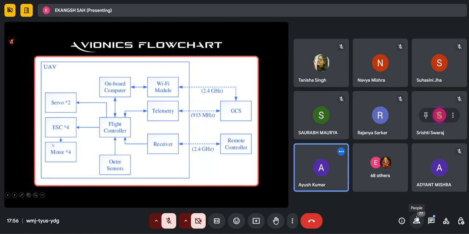the motor. The flight controller is also connected to outer sensors like the accelerometer, which measures the acceleration of the aircraft, or the gyroscope, which measures the angular velocity of the aircraft, sometimes a barometer, thermometer, or magnetometer, which are all present in the inertial measurement unit module.